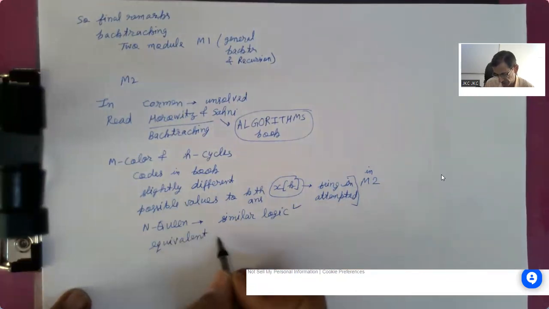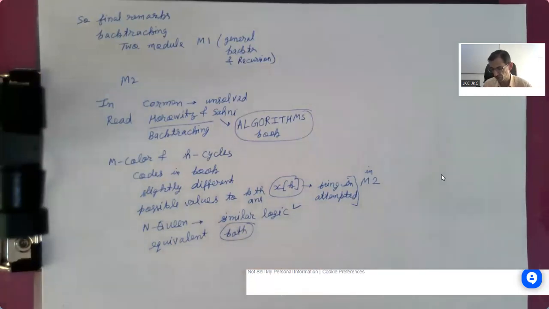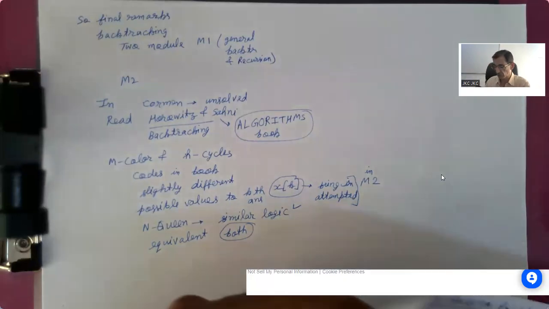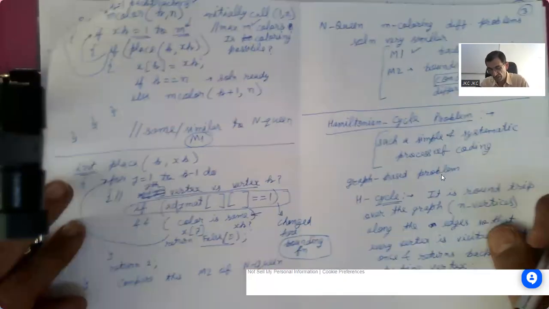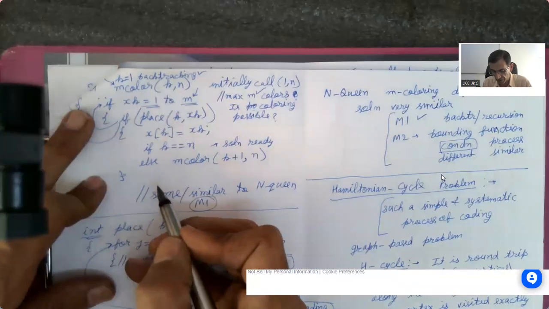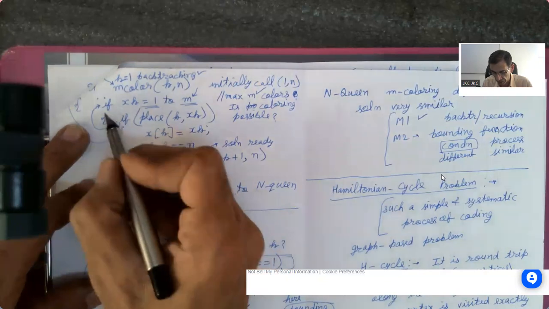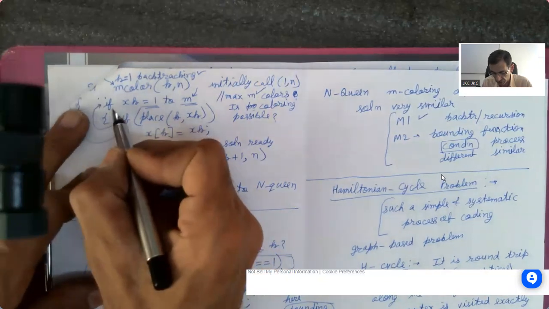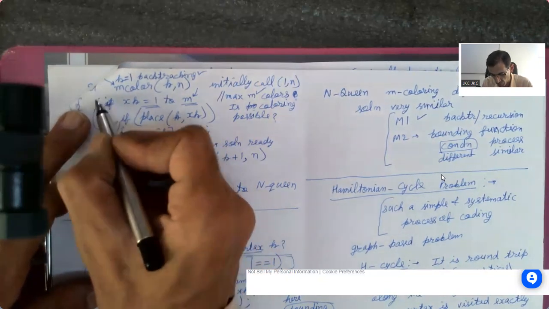The purpose of telling you is that you should attempt any one as per your choice, but don't get confused by reading in the book how the code is different. While discussing in the book, you will find only one change: this whole logic, which was for xk, was a for loop to be precise.